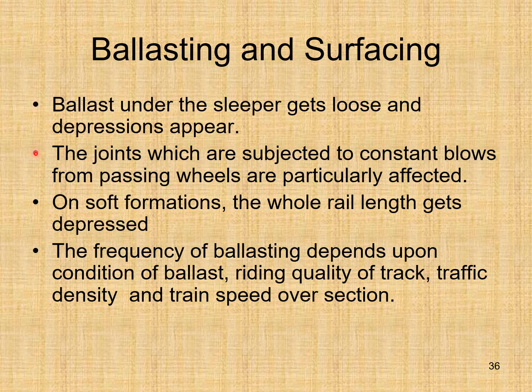The joints, which are subjected to constant blows from passing wheels, are particularly affected. On short formations, the whole rail length gets depressed. The frequency of ballasting depends upon the condition of ballast, riding quality of track, traffic density, and train speed over the section.